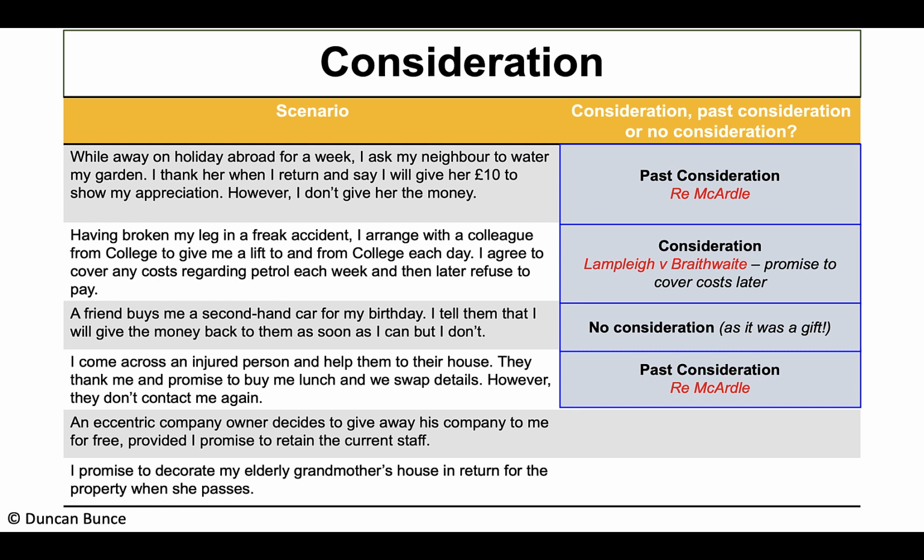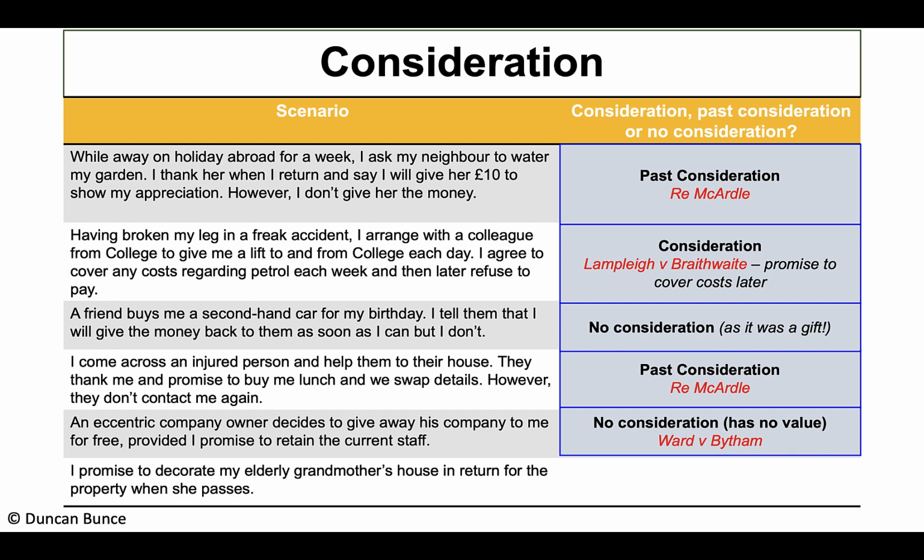Next, an eccentric company owner decides to give away his company to me for free, provided I promise to retain the current staff. So I think here, in terms of this one, an eccentric owner decides to give away his company for free, provided... I'm actually going to disagree with myself here. I'm going to correct that in a second, because I think the word free is a bit deceptive, because we know that consideration has to have some value.